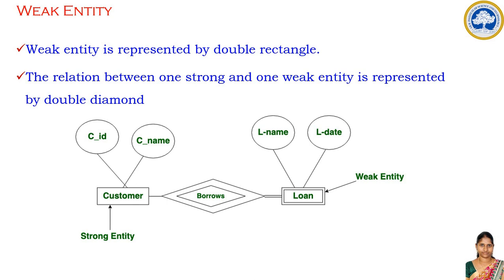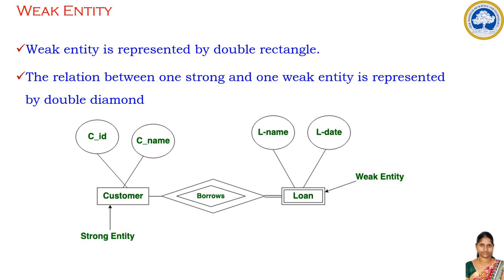In an ER diagram representation, the weak entity is always represented by a double rectangle shape. And how it is related with the strong entity, that relationship set is also indicated by a double diamond shape. The link is identified with a double line.